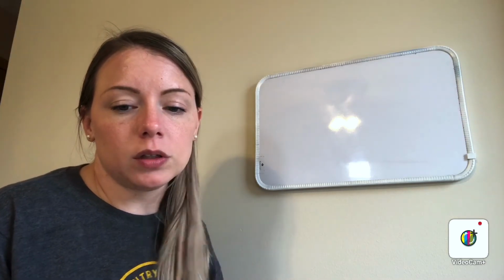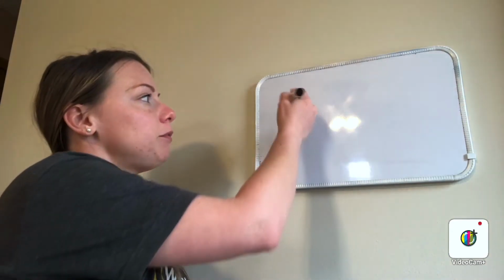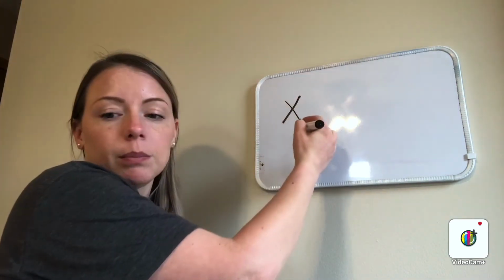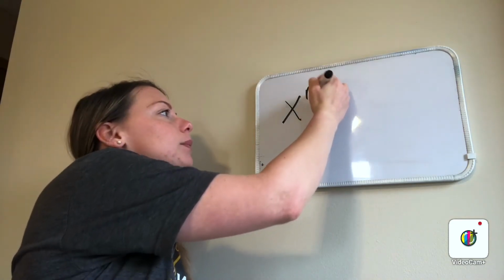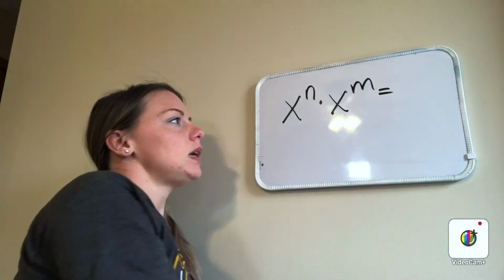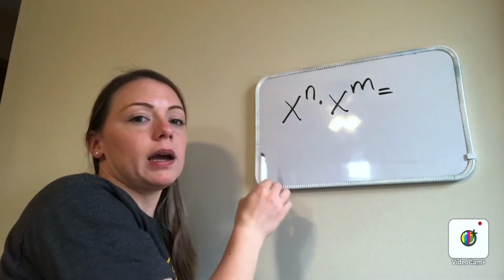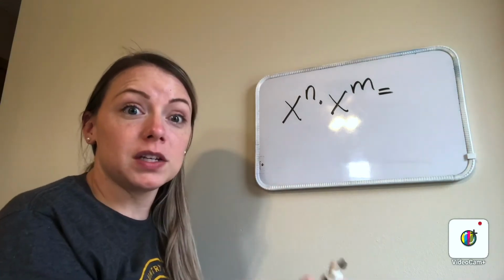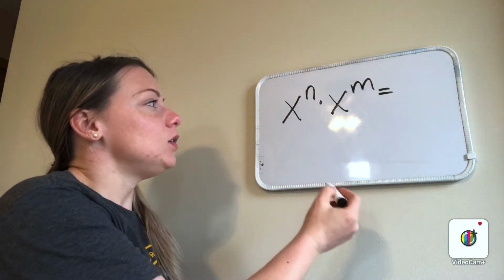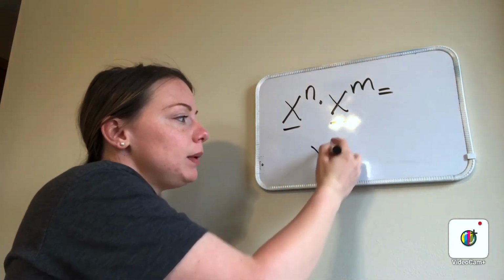The first property on this handout is the product of powers property. I'm giving you the same exact example. It says when you have 2 powers being multiplied, producing a product, you keep the base if it's the same.